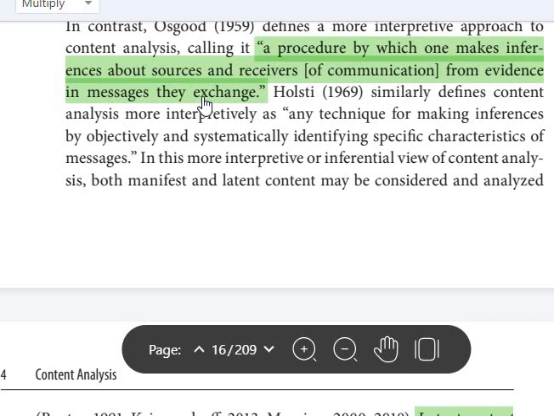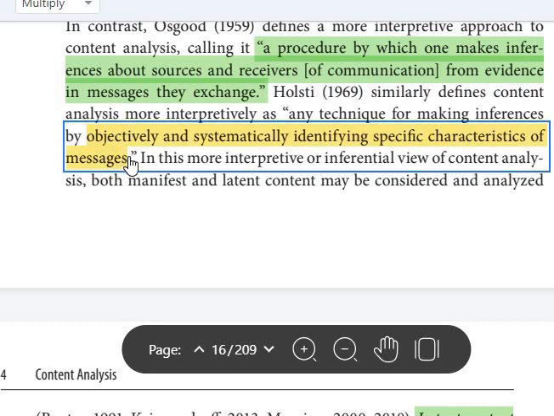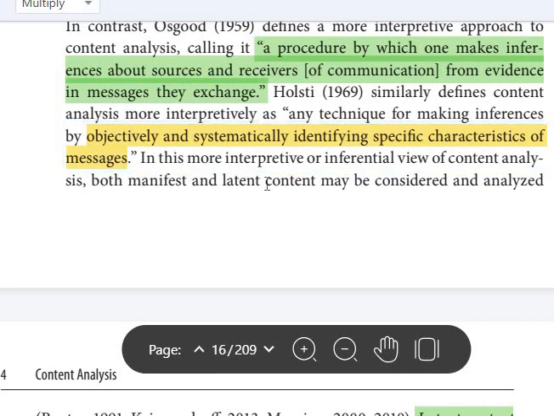Holsti similarly defines content analysis more interpretively as any technique for making inferences by objectively and systematically identifying specific characteristics of messages. Here in interpretive content analysis, we're focusing on both manifest and latent content.